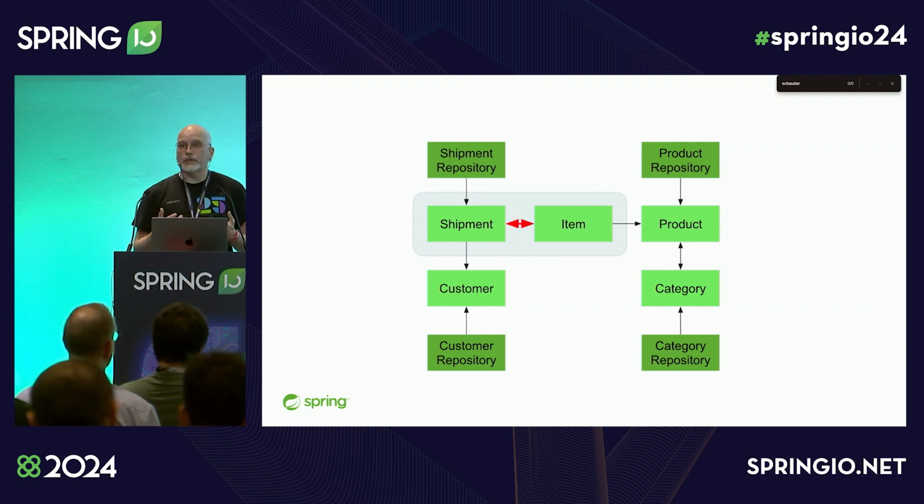The next case is within aggregates. There the rule is really simple. References always go from the root to the entities contained in the aggregate. Because again, we always reference the root in the first place, so what other way would be to reach all the internal stuff?